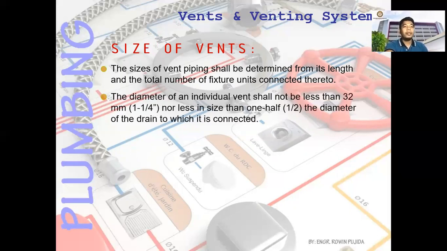The diameter of an individual vent shall not be less than 32 millimeters, so that is 1 1/4 inch, nor less than one half the diameter of the drain to which it is connected. But normally in construction, we'll just use the diameter of the trap size. The diameter of the trap is the same as the diameter of our vent pipes.